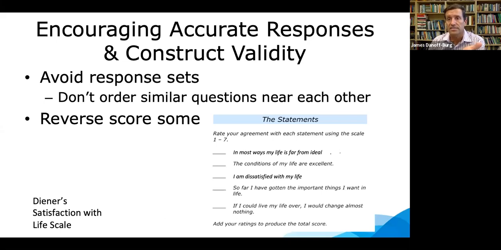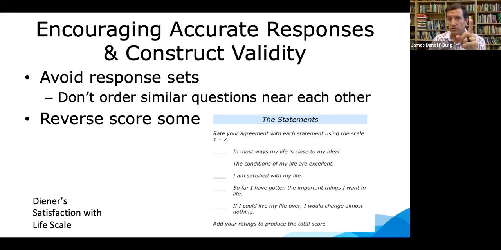So you can see that that's a negatively worded question, but it doesn't say no. It doesn't say never. It's not actually negatively worded, but it's a way to get the negative to reverse score it so that if a person was very satisfied with their life for this first question, they would score that a 1. They would say, I strongly disagree with that.